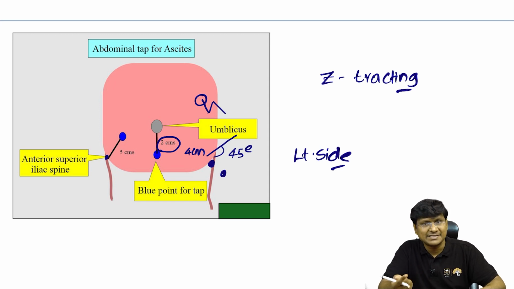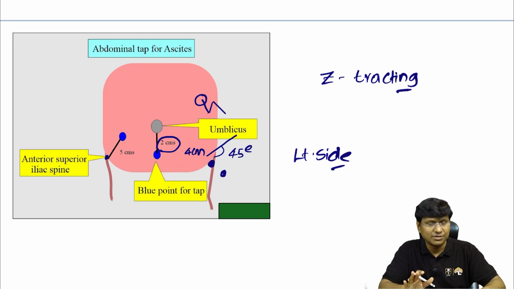Because over the right side, there is a high chance that you may puncture the viscera, the gut. So you do the puncture 4 centimeters supromedial to the anterior superior iliac spine, and at that place, you also avoid trauma to the inferior epigastric artery.